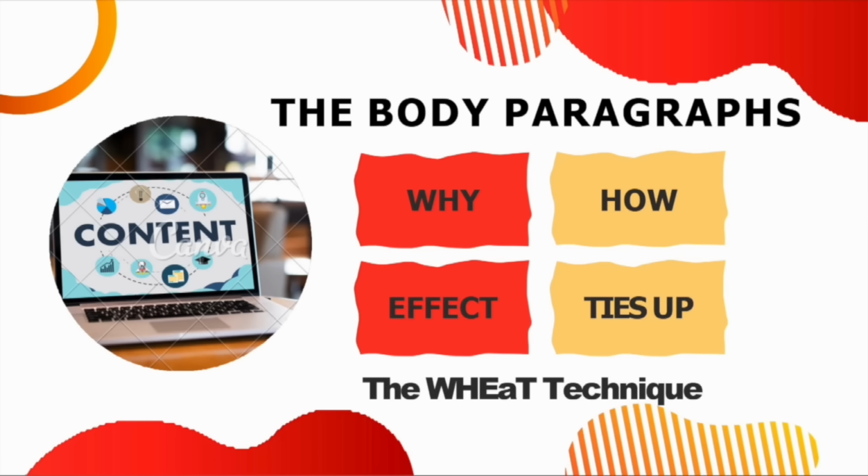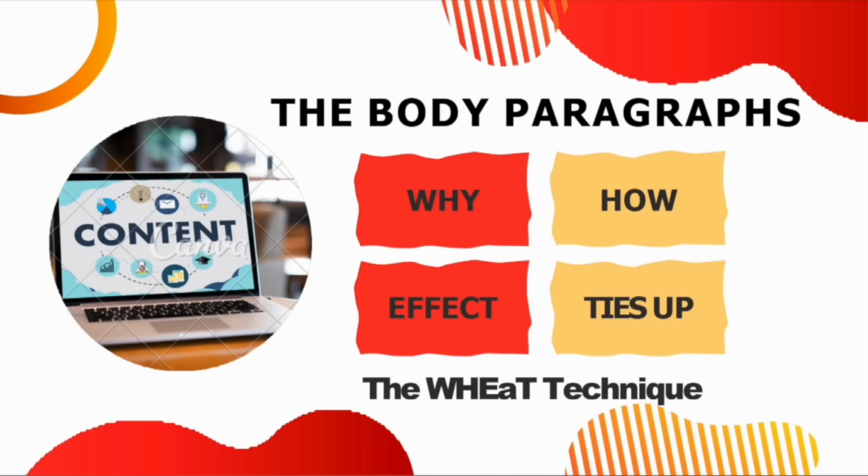It stands for W for why. It gives reasons for your main idea. Always ask yourself, why is it true? H, on the other hand, stands for how. This is where you explain how or in what way it happened. Usually, how may also appear as an example. The next one, E, stands for effect.